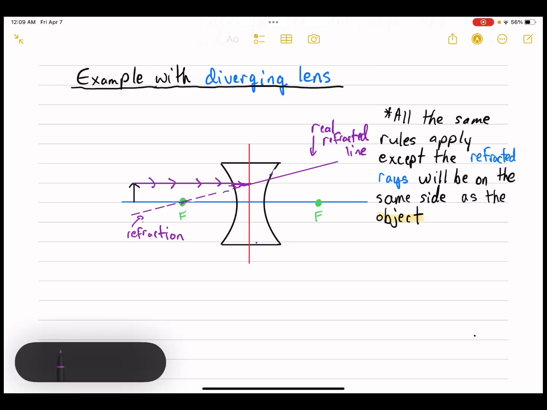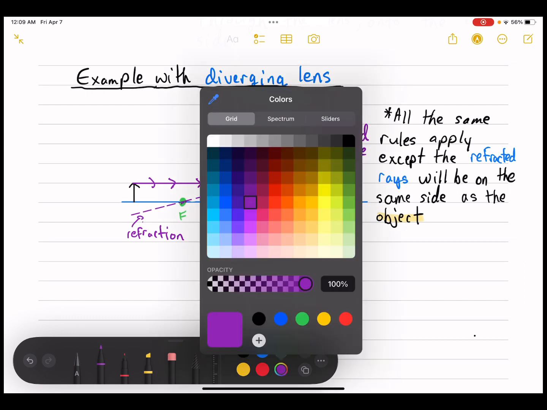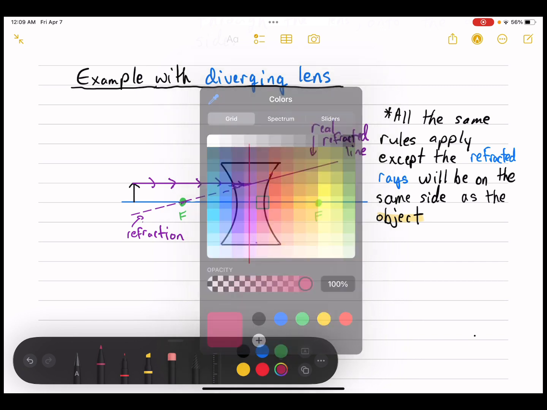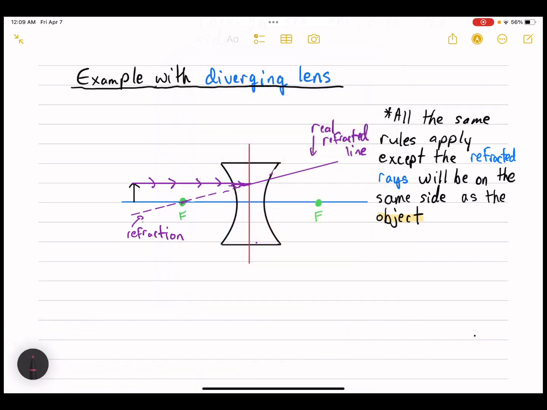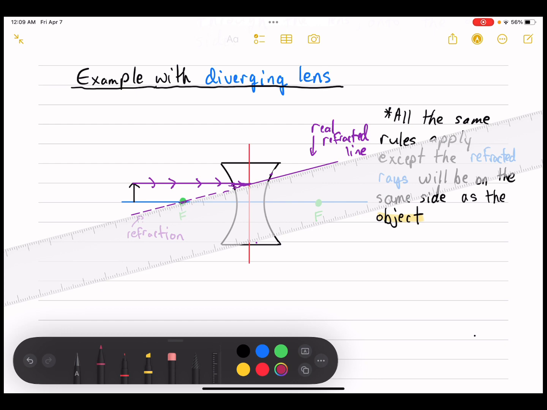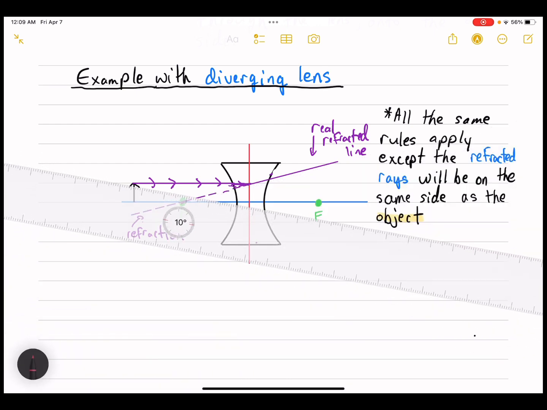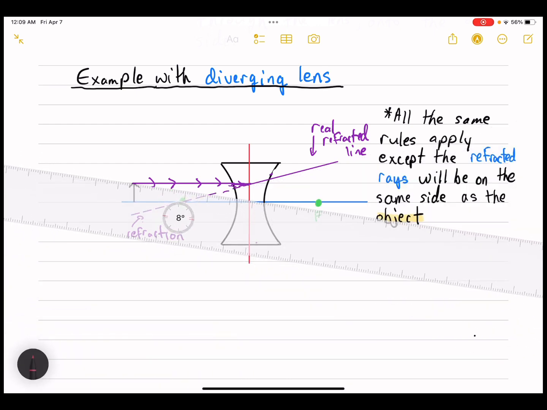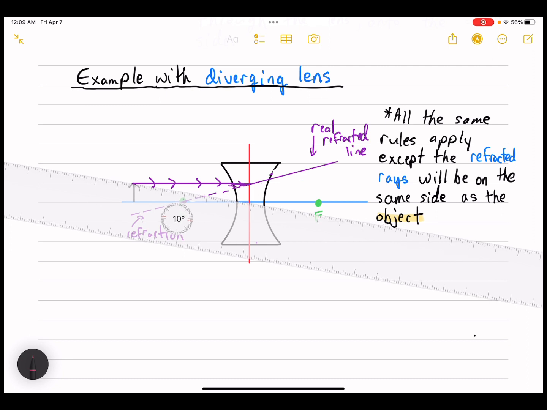Now, to better understand how this works, we're going to do another refracted ray. This time I'll do it in red. Let's say I took my object and shot an incident ray through the center of the lens.